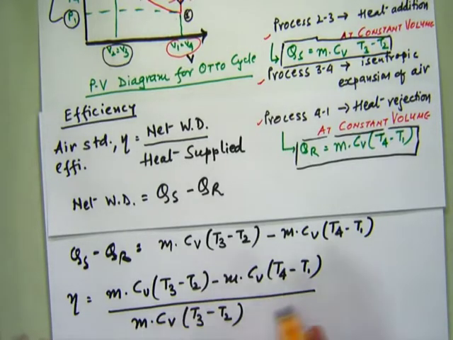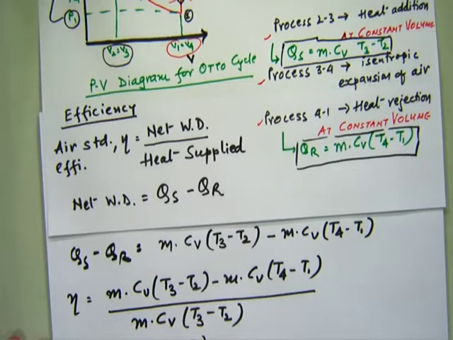If we rearrange and simplify, it comes 1 minus T4 minus T1 upon T3 minus T2.